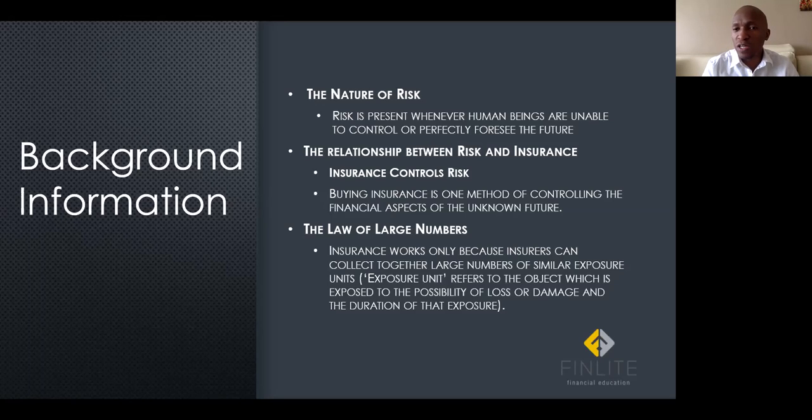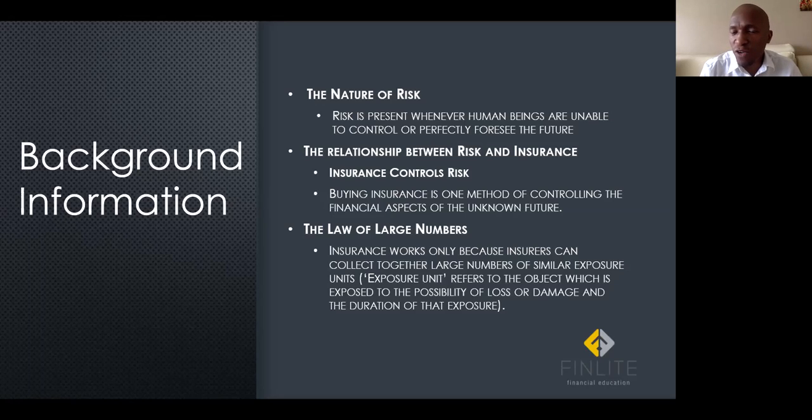Whenever you hear the word risk, you hear the word insurance, because insurance is there to help us mitigate and sometimes completely remove risk that is uncertain. Some is inevitable, like death.